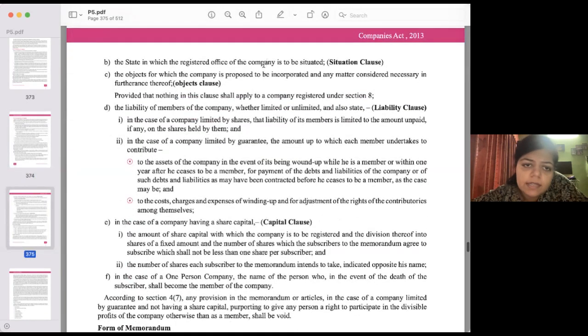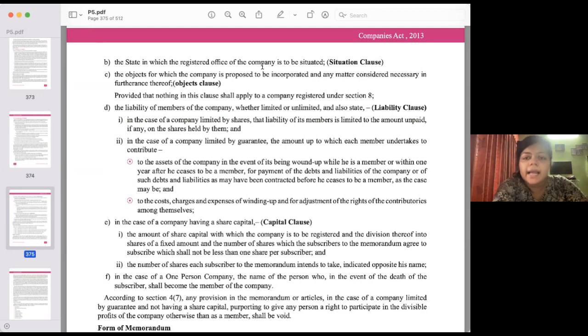The next clause is the situation clause, as to where a company is situated. There can be multiple public limited companies and multiple private limited companies, but each has to have a certain registered office, and it can't coincide with the registered office of other companies.